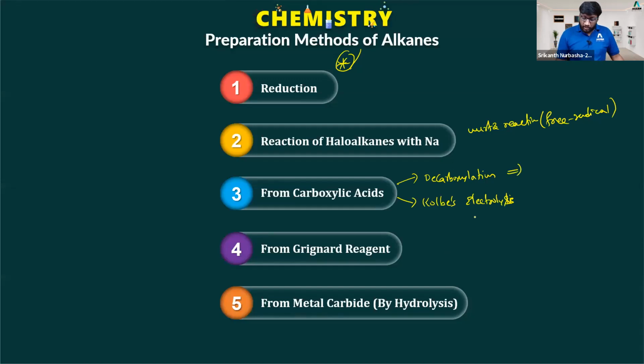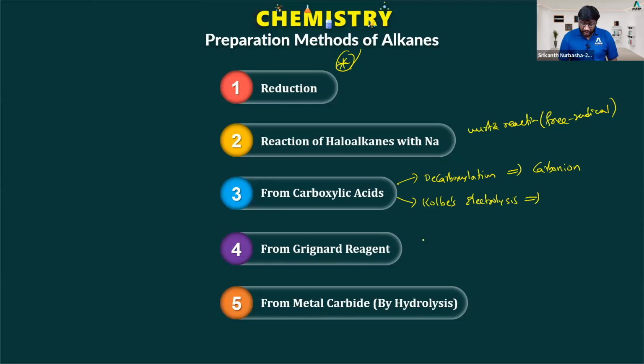What is the intermediate in decarboxylation? I'm just asking. We have not discussed that, just asking whether you remembered or not. The intermediate is a carbanion. Okay. Kolbe's electrolysis: we can do electrolysis, generating different types of products at anode and at cathode.